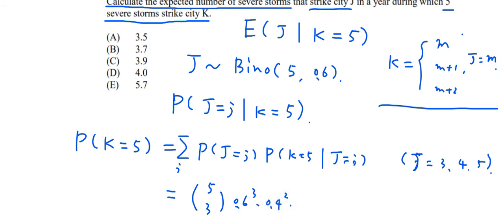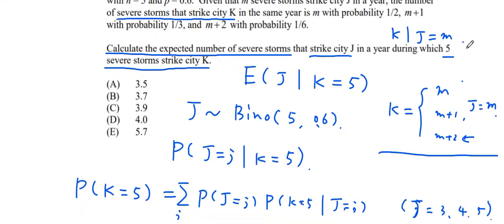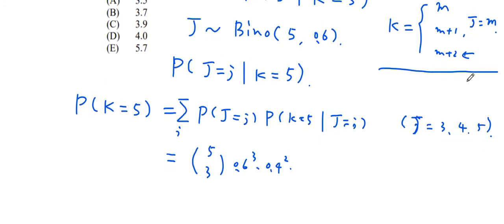If J equals 3 and K equals 5, this is the case where J is m and K is m plus 2, which I think is 1/6.